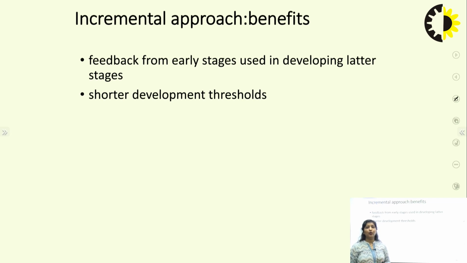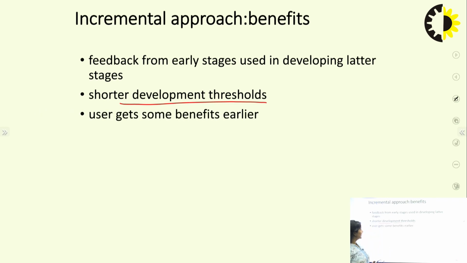So this is the important use of this incremental model. Second, shorter development thresholds. We have shorter modules, so the threshold values, or we can say the limits to which we have to develop the module, are also shorter in nature. The user gets some benefits earlier as well.